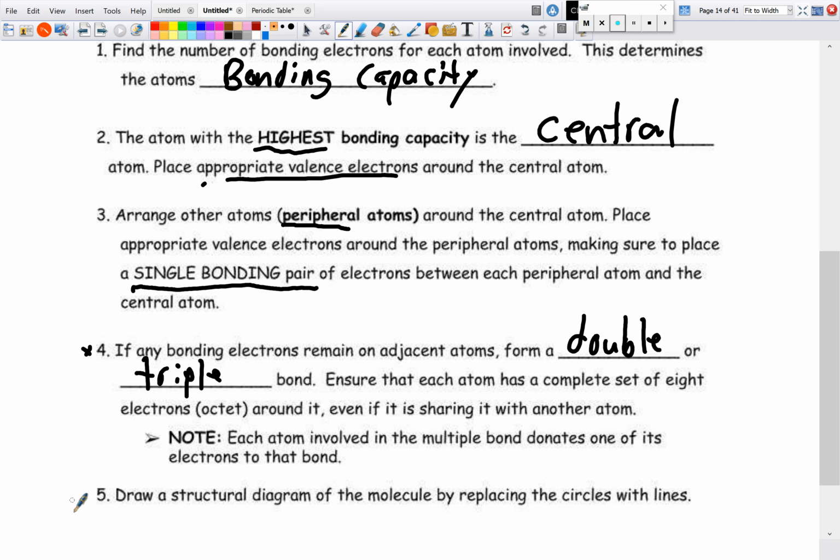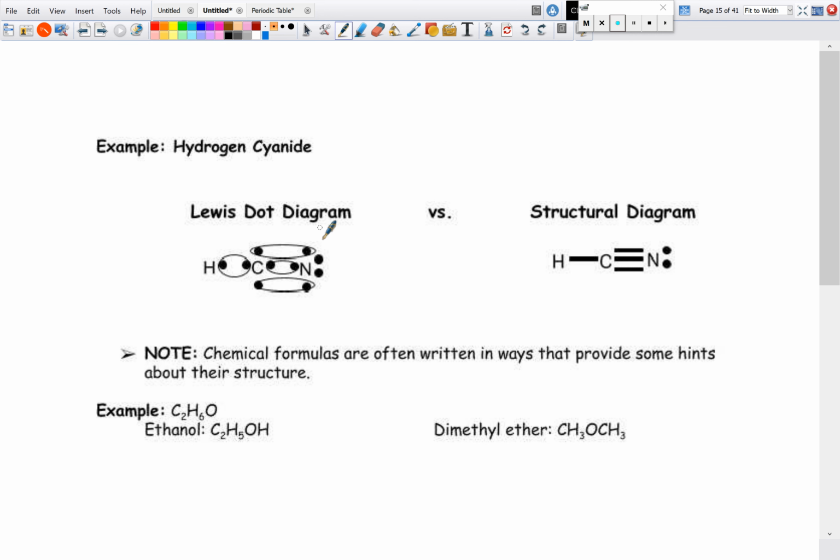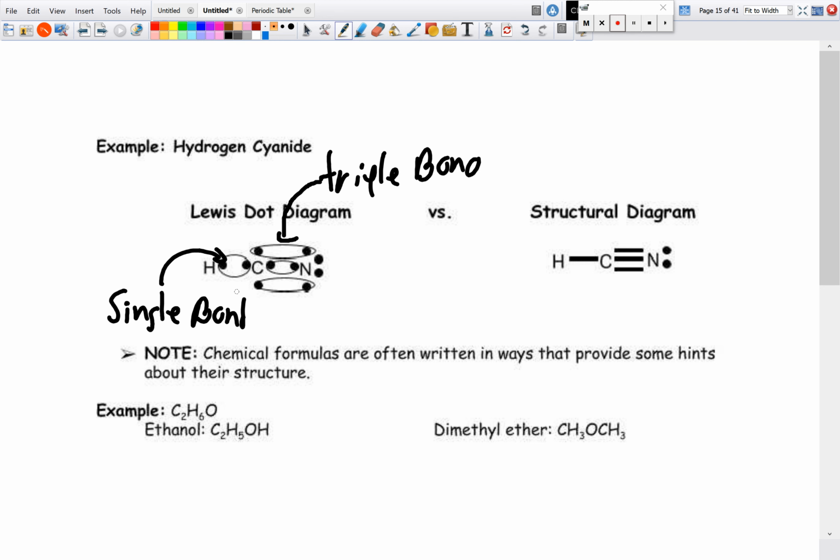And next, last but not least, we can draw structural diagrams of the molecule by replacing the circles with lines. So for example, on our next page, this is an example of hydrogen cyanide. We can tell we have carbon in the middle, hydrogen on the left, nitrogen on the right. We can tell there's a triple bond right here, and a single bond there.